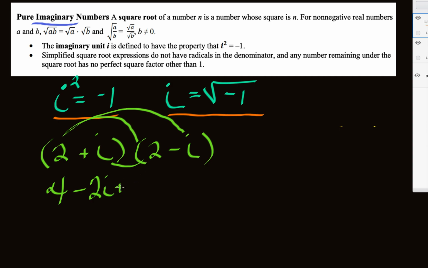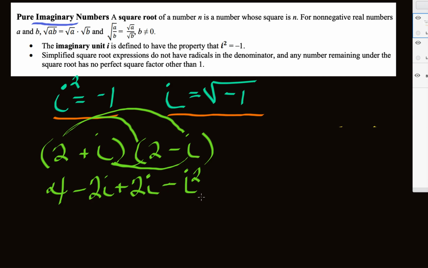And that is plus 2i. All right? And then lasts, which is i times negative i, and one variable times another is squaring that variable. So it's 4 minus 2i plus 2i minus i squared.